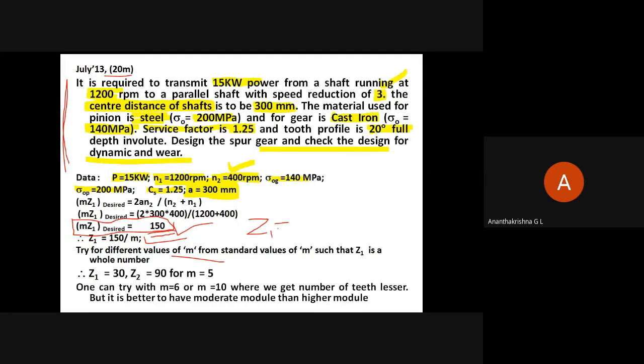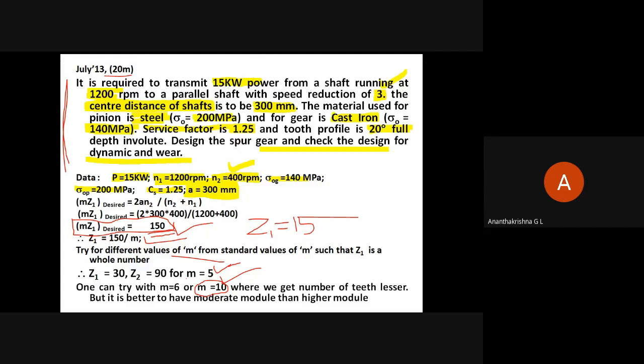But if I take module equal to 10, the gear hobbing machine requirements will be higher, because you need a heavier machine to manufacture gears with higher modules, whereas gears with lower modules can be manufactured using low specification gear hobbing machines.